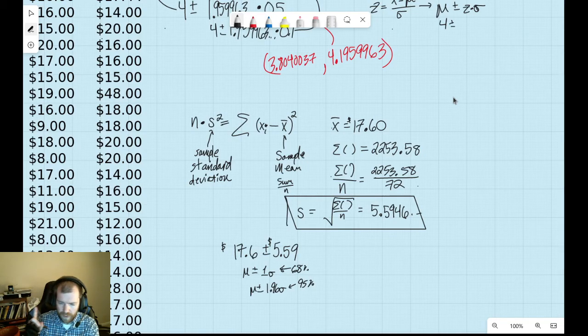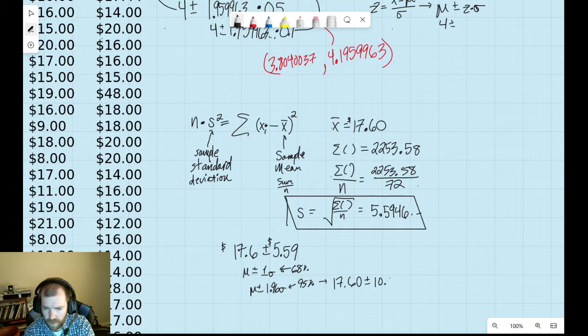All right, so 10.965, and if we add that, $17.60 plus or minus 10.9652. We can leave it there because that's not going to matter at all.